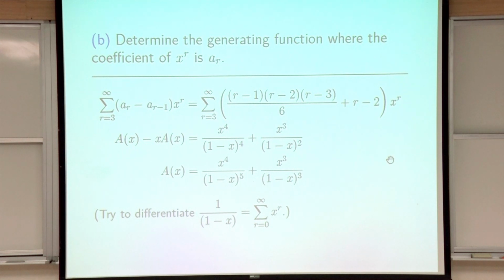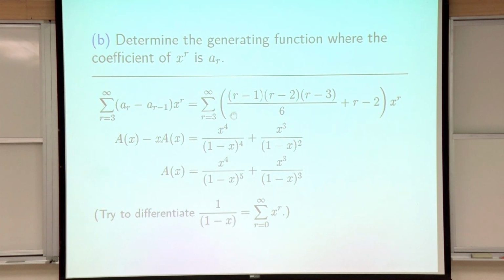So to sum it, we have to start from r equal to 3. And we have a_r minus a_(r minus 1) times x to the power r equal to this crossing term times x to the power r.